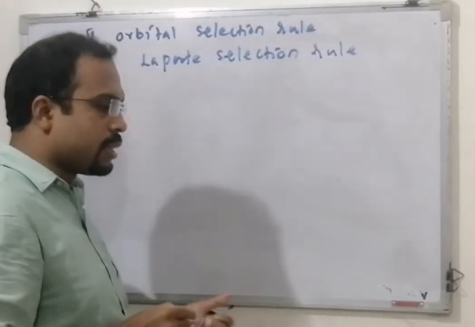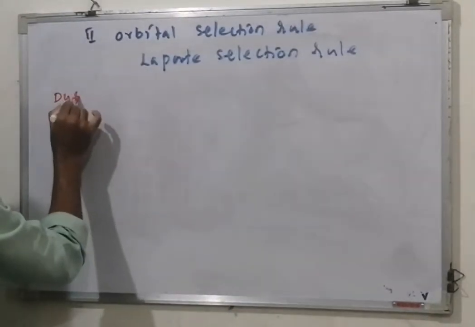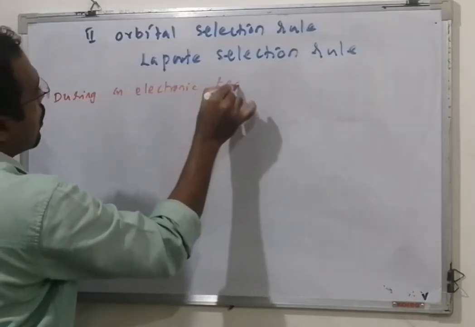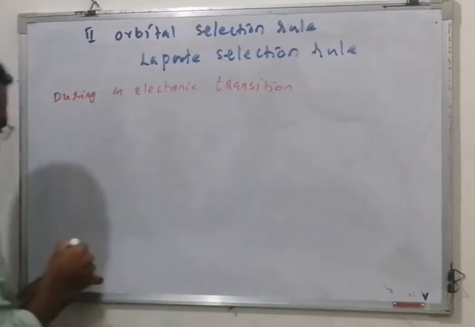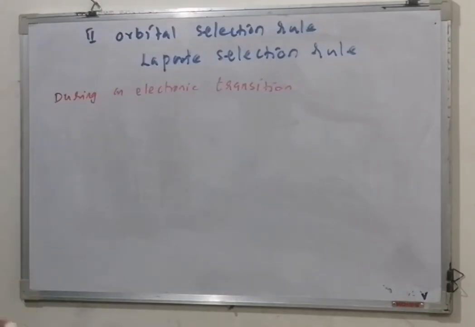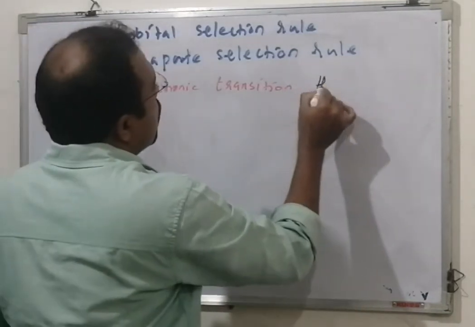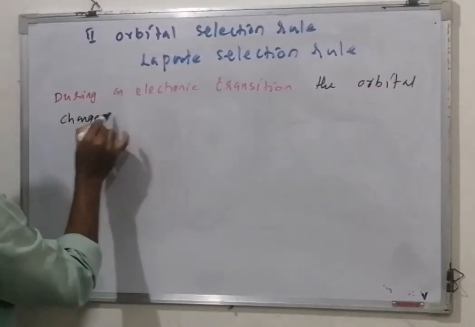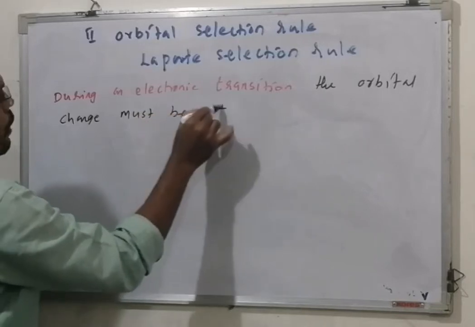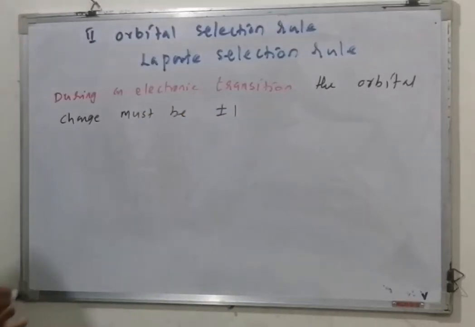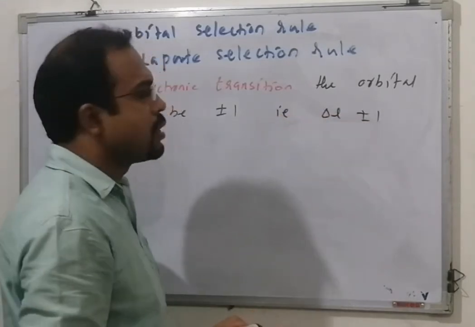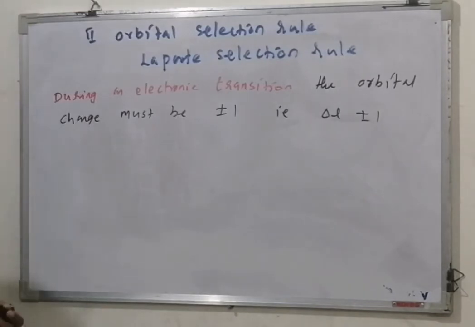During an electronic transition, the orbital change must be plus or minus 1. That is, delta L must be plus or minus 1. The subshell change should be plus or minus 1. Okay, we can discuss that.